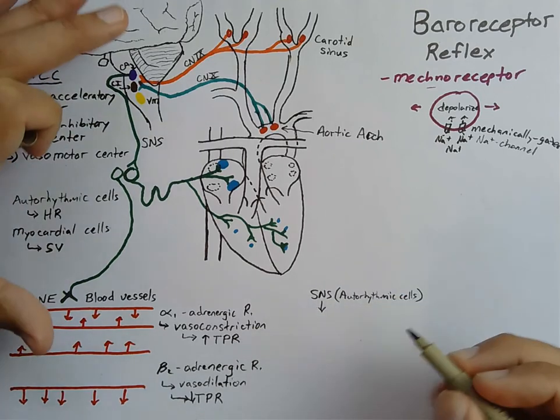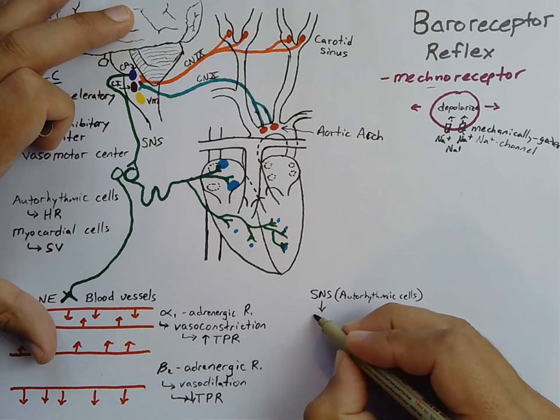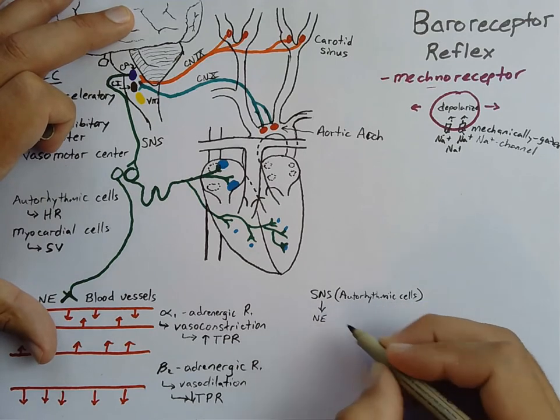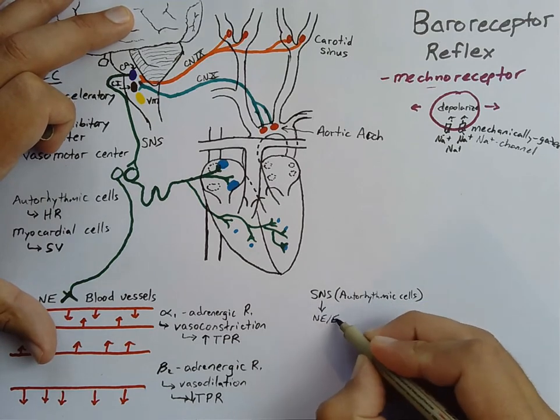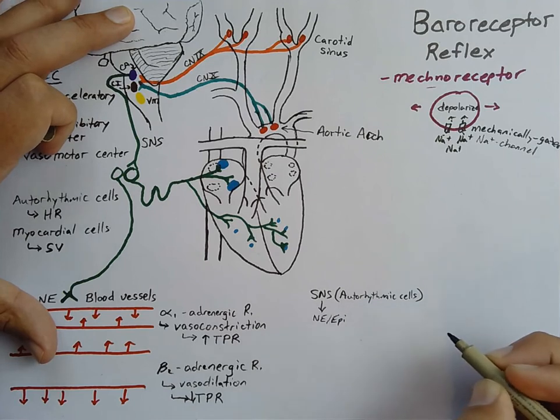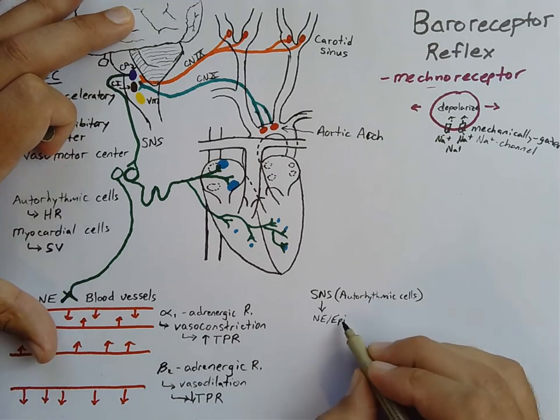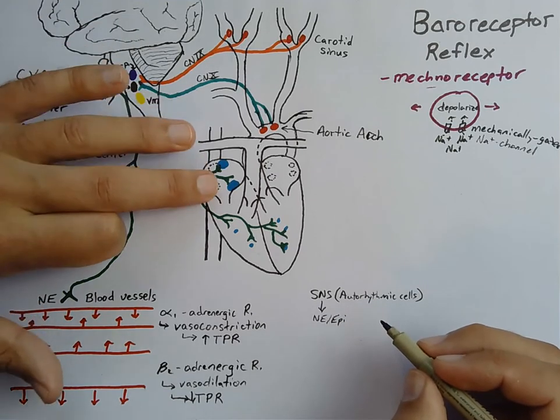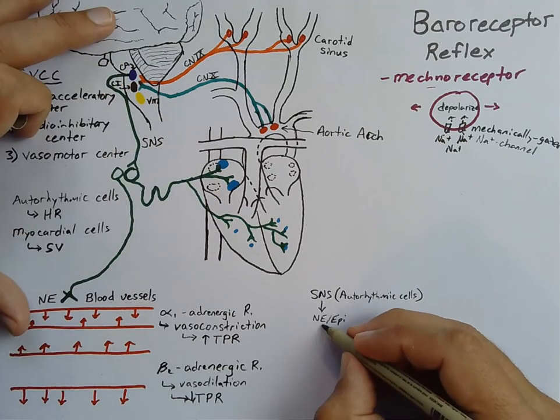What do we remember about it? It's releasing norepinephrine, potentially epinephrine if the adrenal medulla has been activated. Now those are going to land on those autorhythmic cells. And how do they act?